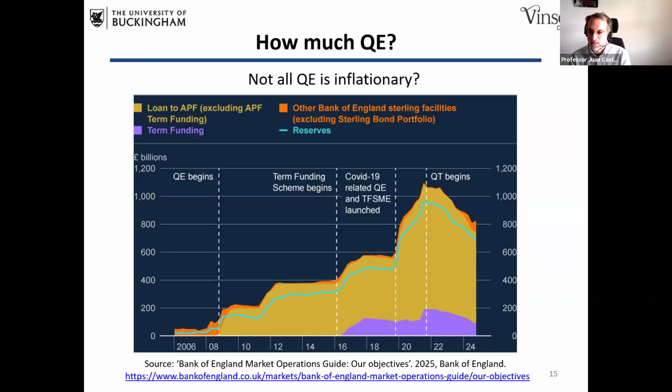No, it was not. However, this time around, from February, March 2020 up to 2022, this vast expansion of QE operations indeed has been inflationary because it has increased the monetary base in the economy, but also bank deposits. And that's what determines inflation over time. So it has indeed been inflationary.